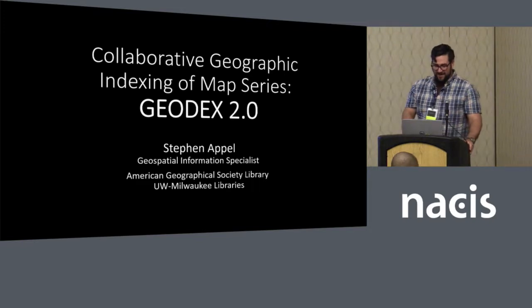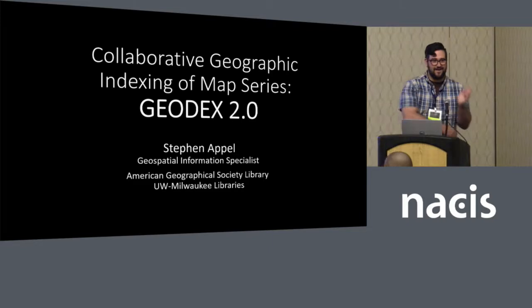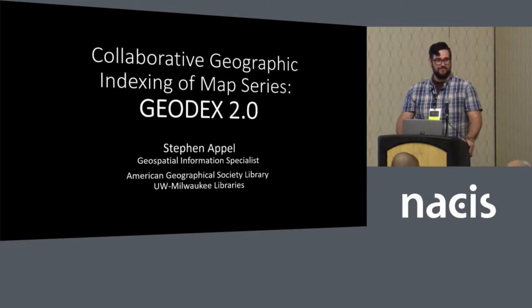So I'm going to talk today about some software that we have home built over the years at the American Geographical Society Library, where I started as a student and now serve as the geospatial information specialist.